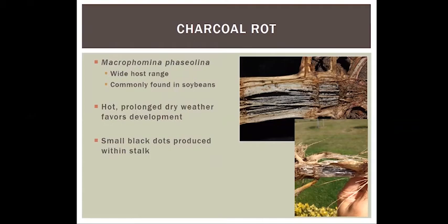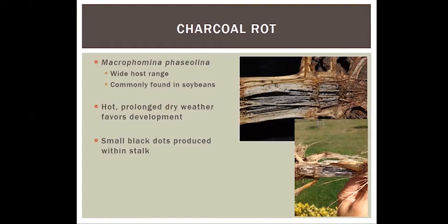This one, you split those stalks, especially starting at the lower nodes there. Pith will be shredded, but inside that pith or on that pith, you're going to notice black balls or black structures, sclerotia of that fungus. Those are the overwintering structures of the fungus. Pretty easy to identify with the aid of a hand lens.